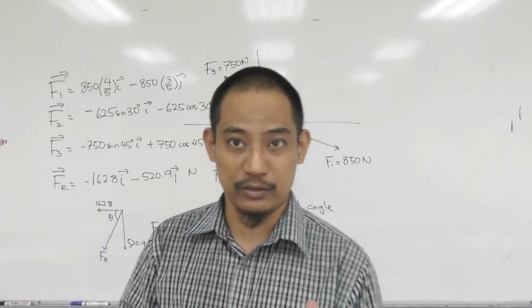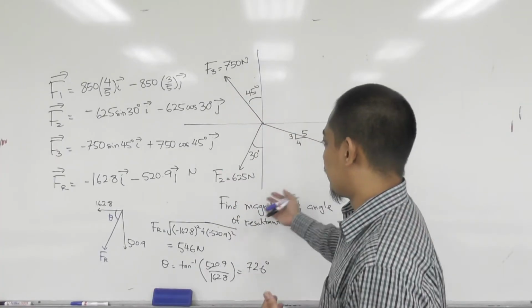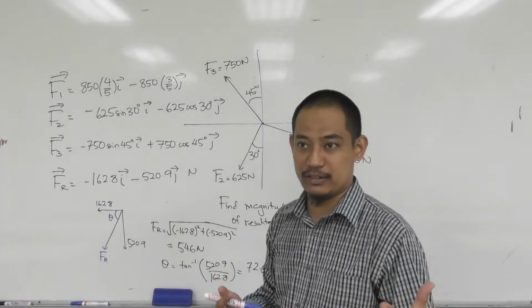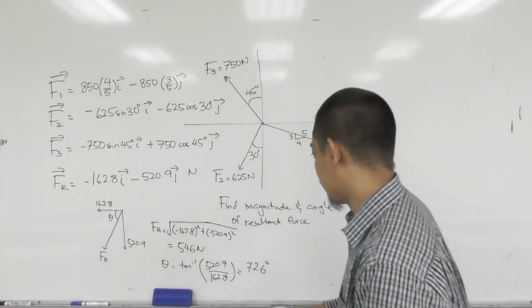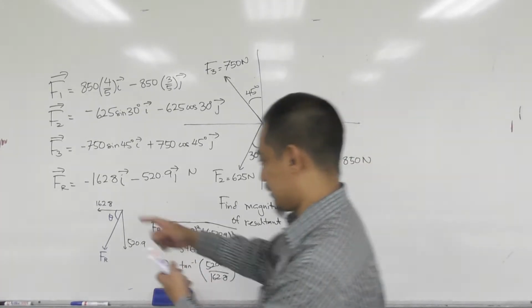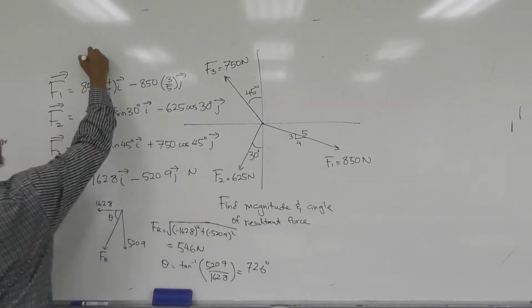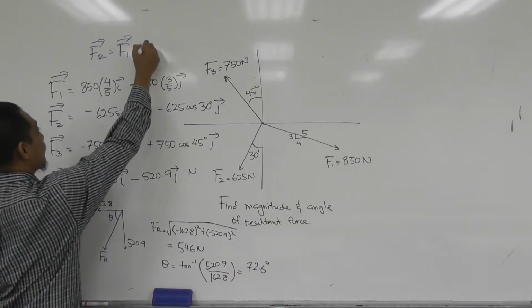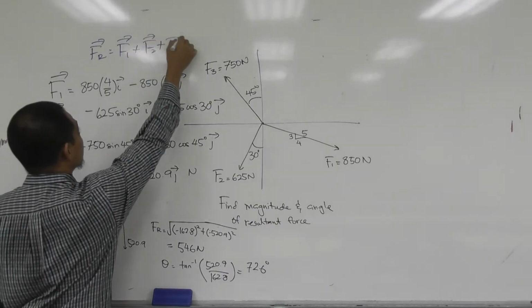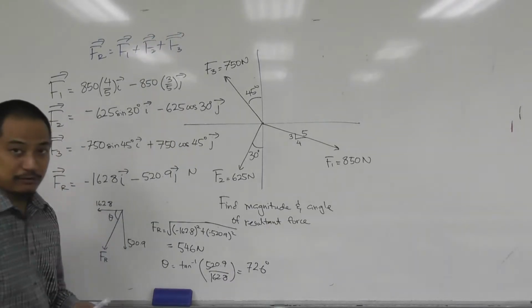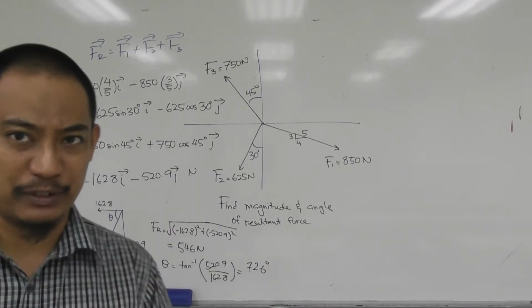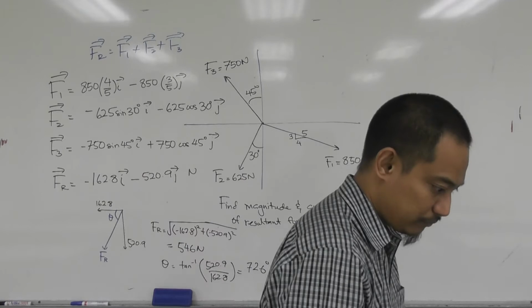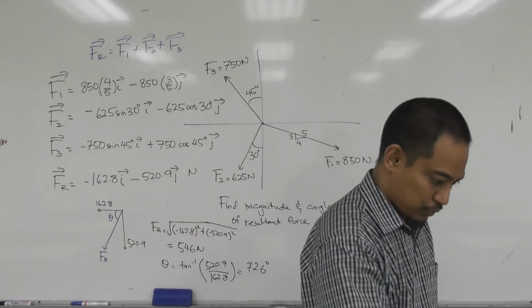So hopefully it is understood how to get the resultant: basically you add the vectors in vector form. FR is F1 plus F2 plus F3, in vector form.